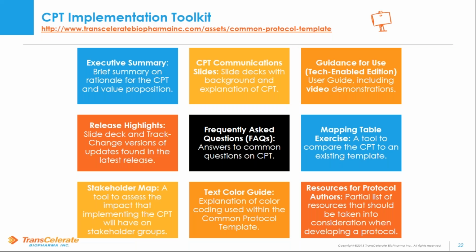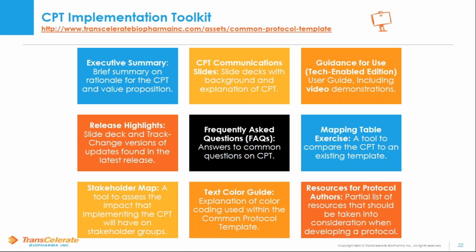We also have release highlights. This is a slide deck and a track change version of the latest release. We have an FAQ document. We have a mapping tool that allows you to map your templates to the CPT. We have stakeholder maps that allow you to assess the impact that the template will have on stakeholder groups within your organization.